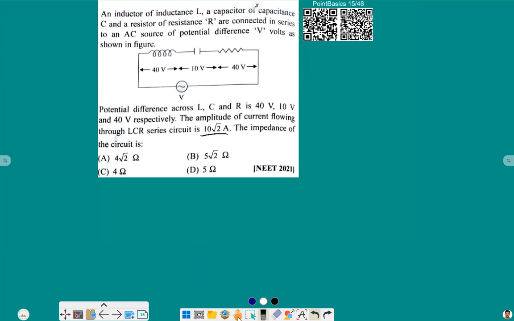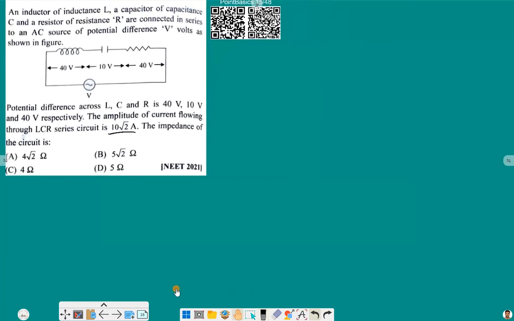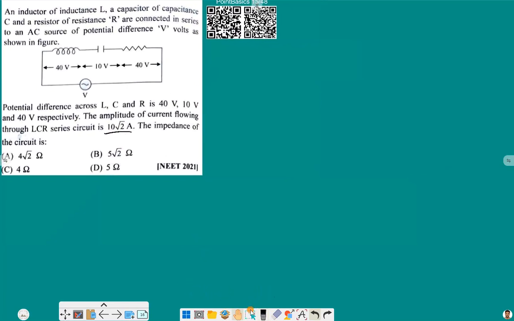Now impedance we can calculate only if we know the value of both voltage and current, because we know that I RMS, or value of the current, will be Vrms by Z. So from this we can write that Z is equal to Vrms by Irms.